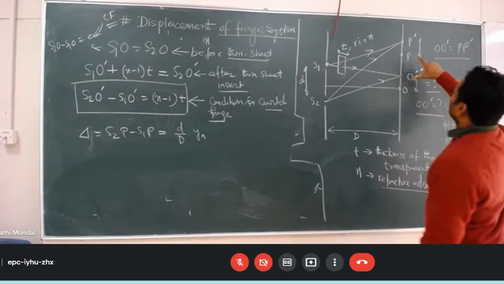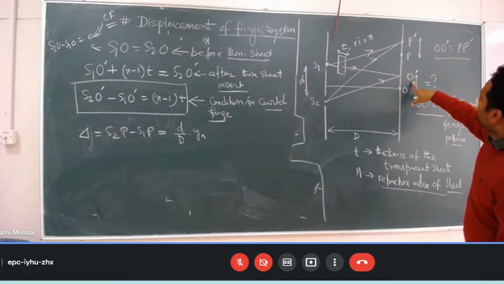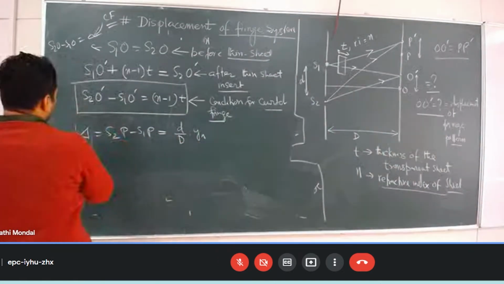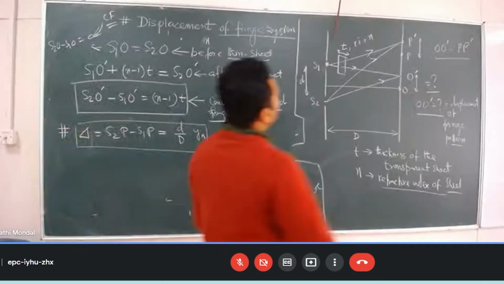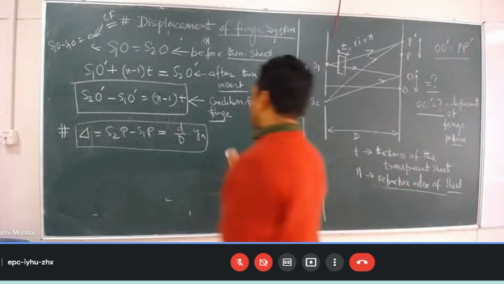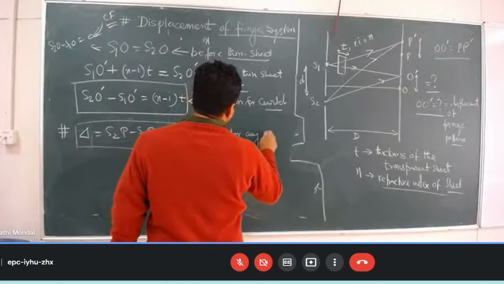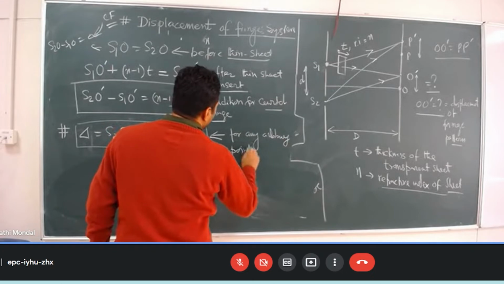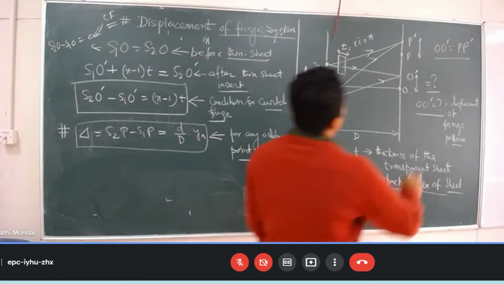Yn means the distance of the fringe pattern from the central fringe. This equation is for point P. Now I can write the same equation for any arbitrary point O dot.